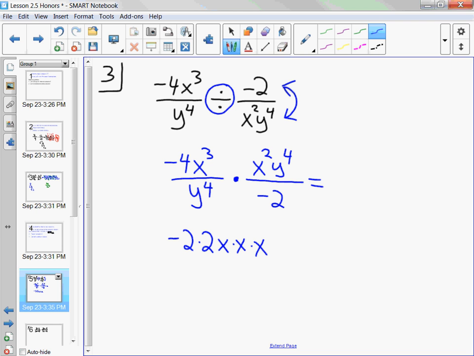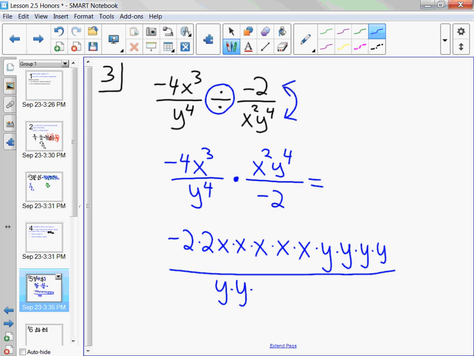Another x squared, which can be written as x times x. And a y to the 4th, which is y times y times y times y. Now, you guys can find a more efficient way to do this after you get the hang of it, but y to the 4th makes y times y times y times y.